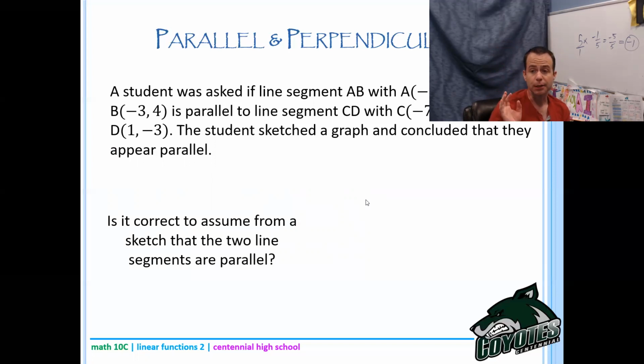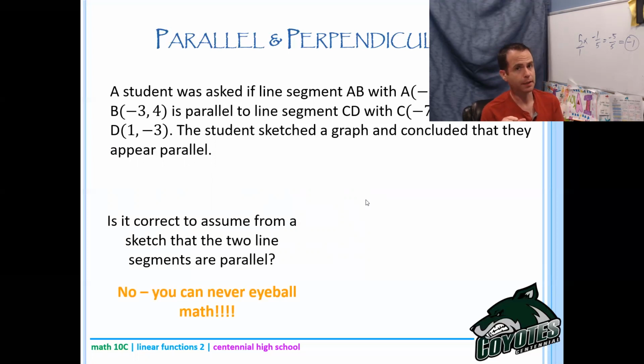I want that to be a resounding no. Okay, you can never eyeball math. So important. When you are drawing a sketch of something, by definition, the word sketch usually means it lacks accuracy. So something that is close to the same may look parallel, even though it may not be parallel.